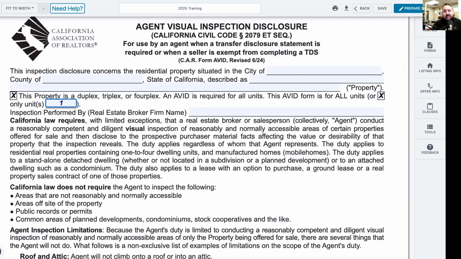That's what I think is the best possible way, when we're talking about best practice: each individual unit has its own AVID. Now, when you have multiple buildings, structures, so one unit is separate from the next, then for sure you should be doing individual AVIDs, because again, you're going to be doing the exterior disclosure for 3 different properties.